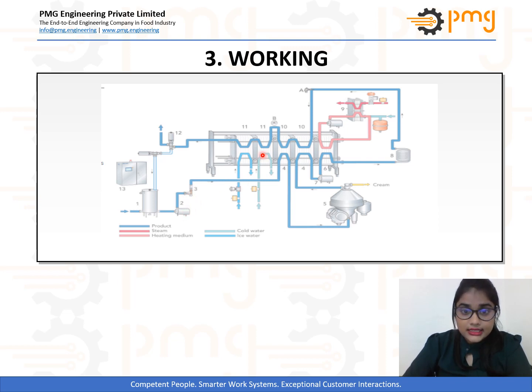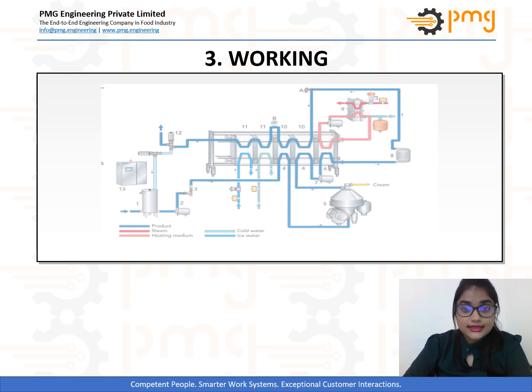Then this heat exchanger system is further divided into 4 sections, that is number 1 regeneration section, number 2 heating section, number 3 holding section, number 4 cooling section. Then this circuit also has various equipment like the cream separator, flow diversion valves, and other instrumentation and control equipment like temperature indicator, temperature transmitter and flow meter, etc.